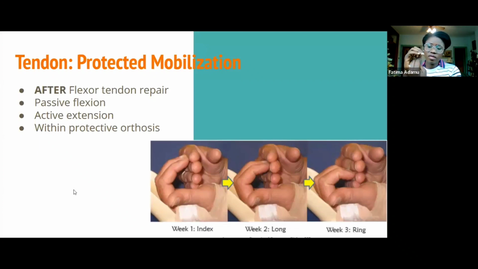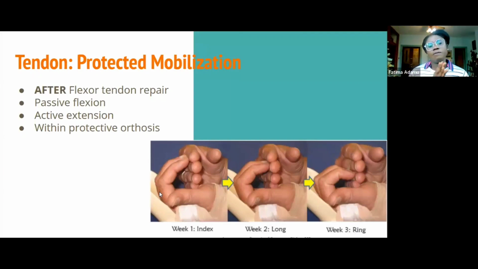So within the safety of the orthosis in week 1, they're bending the injured fingers to the index. In week 2, they're bending the fingers to the long finger or the middle finger. And then in week 3, they're bending the fingers to the ring finger, finger number 4.